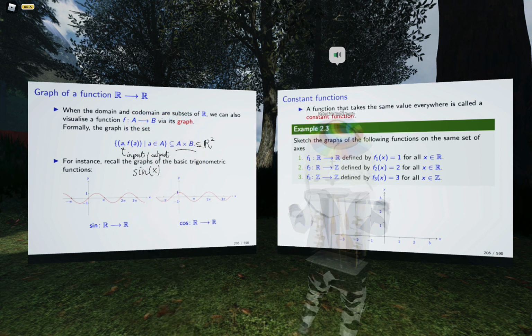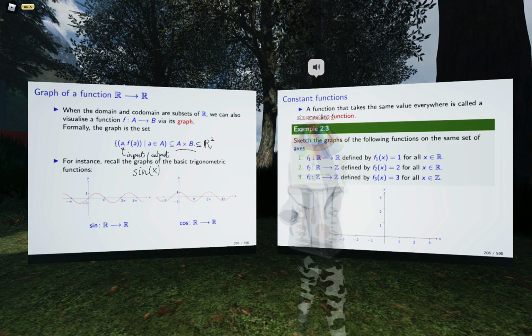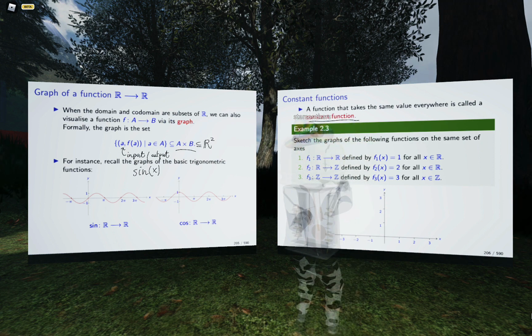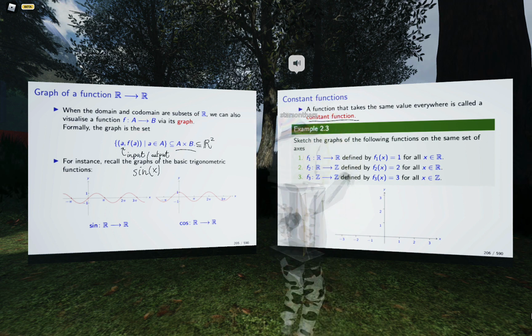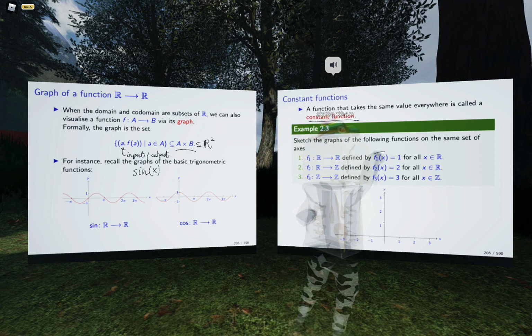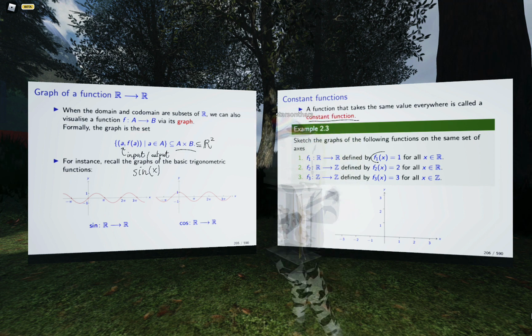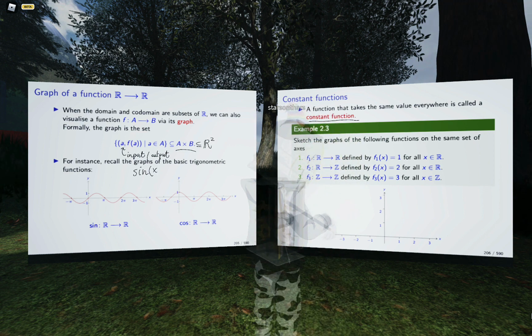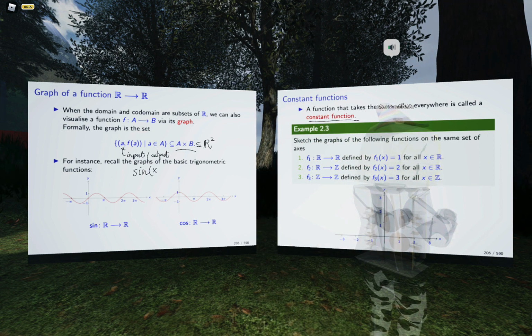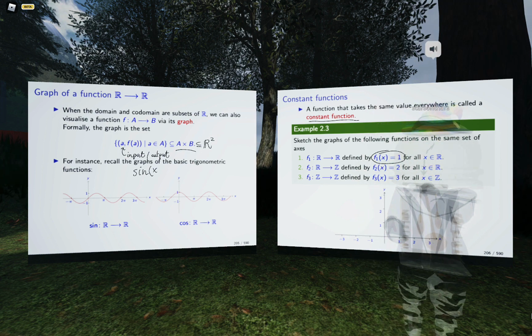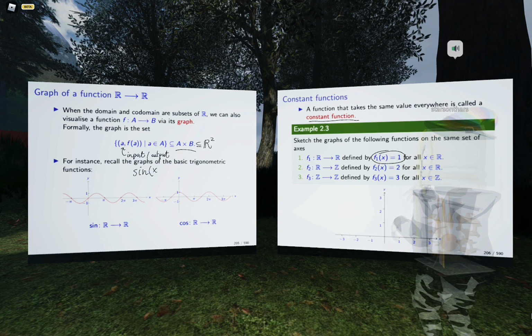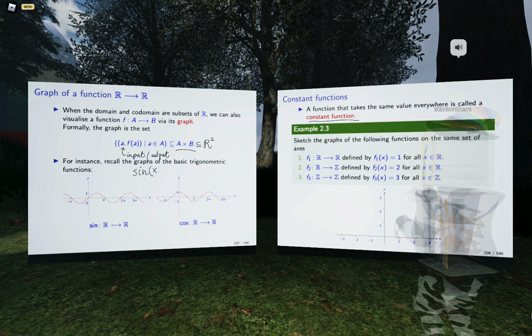So a particularly easy example of a function is a constant function that just has the same output on every possible input. Right? So for example, if I take f of x equals 1 for all x in R, that's a function.